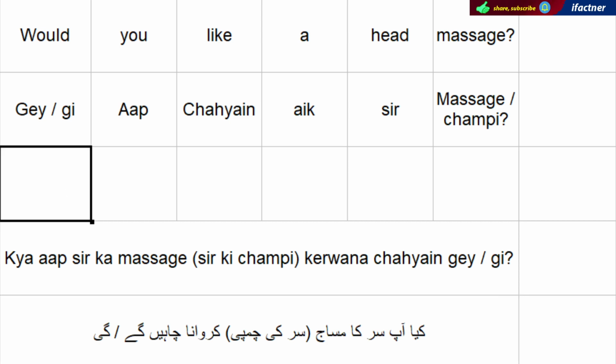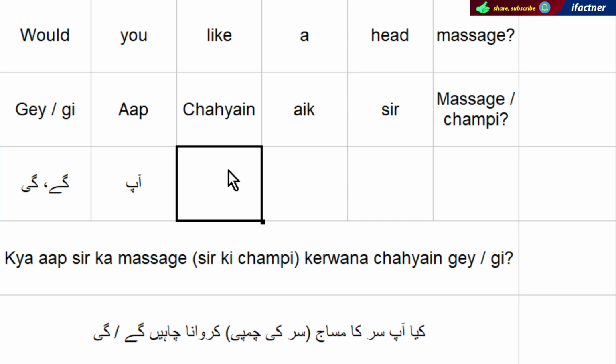Now let's translate would, which is gay for male and gi for female. We type gay as gaf badiye gay and gi as gaf chotiye gi. Aap is alif madda and pesakin. Like is chahe, which can be written as che, alif, he, ye, nuna.